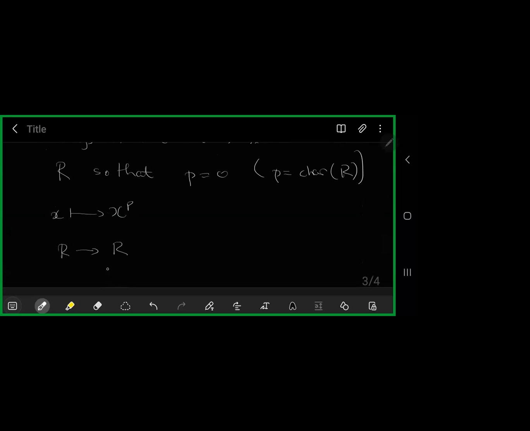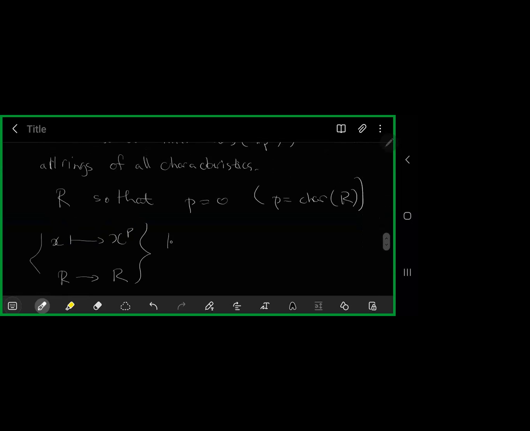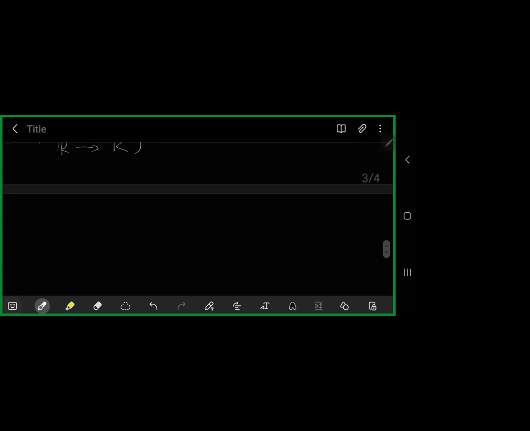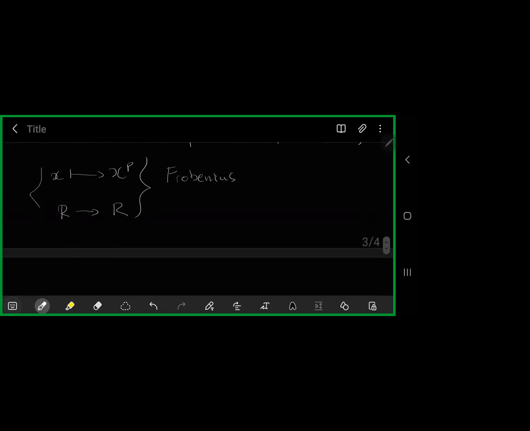But this is actually a ring map in characteristic p. And this is actually very useful. So this map, the Frobenius, the existence of this map allows for so many connections and so much work to be done, even though it's so simple.